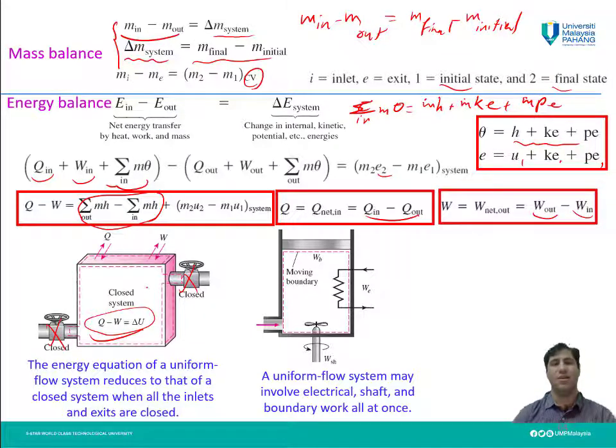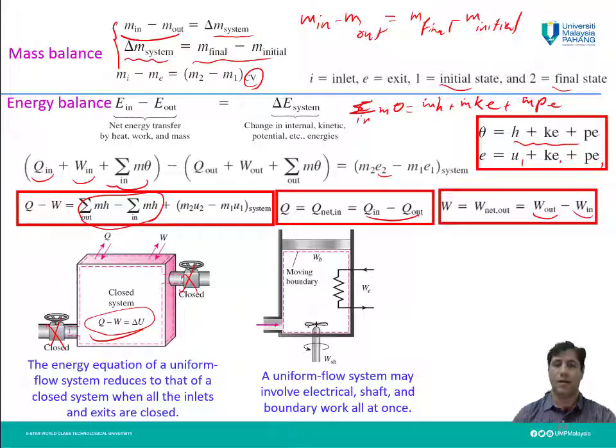You can see the closed system is actually a simplified form of the more general equation which we have for a control volume. And this is due to the fact that for a closed system we don't have any mass transfer to the system.